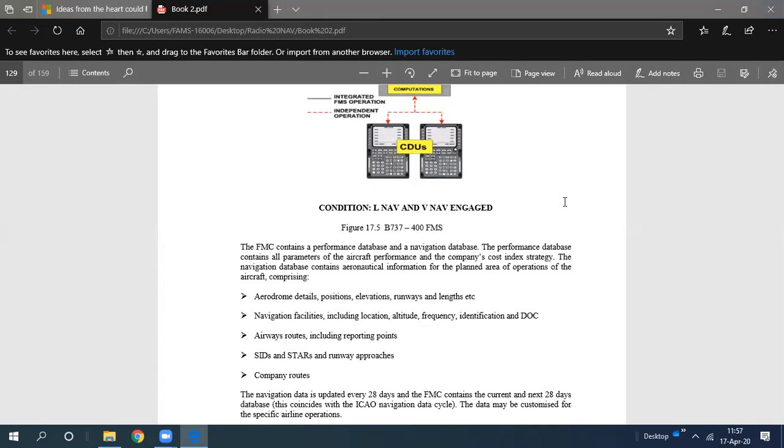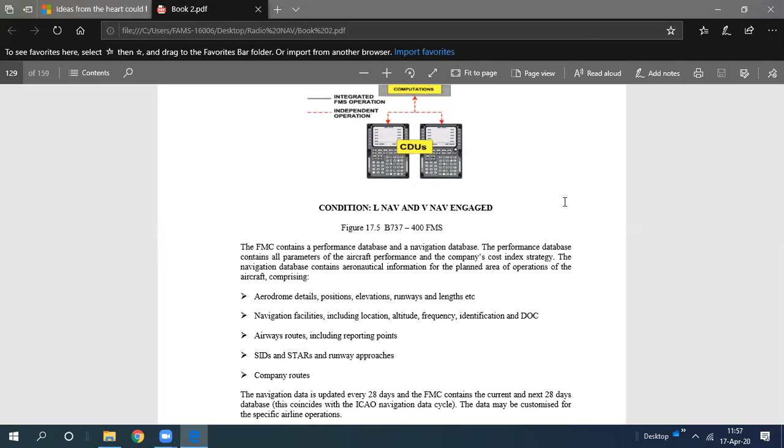You cannot modify, change, or amend it. If you feel something is wrong with this database, you have to inform the technical staff that this information is not very accurate or correct.